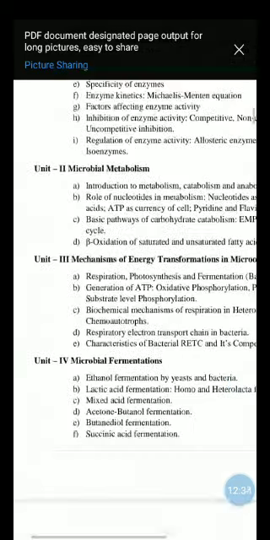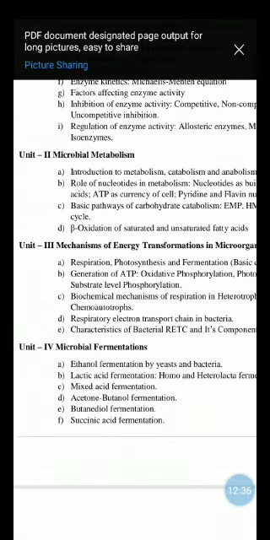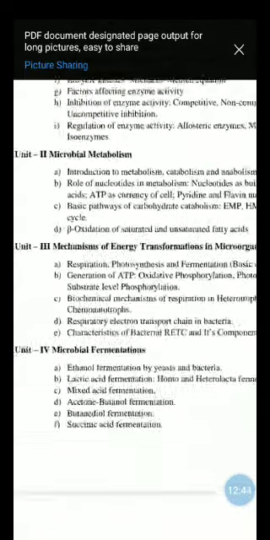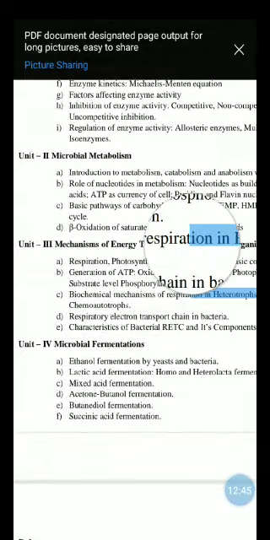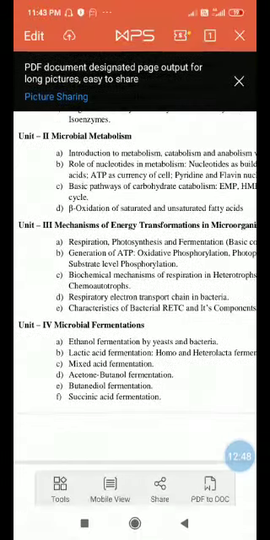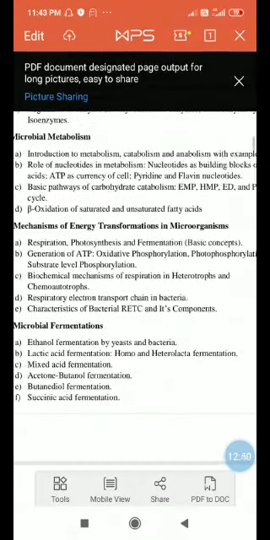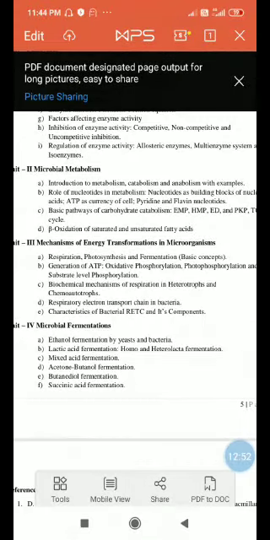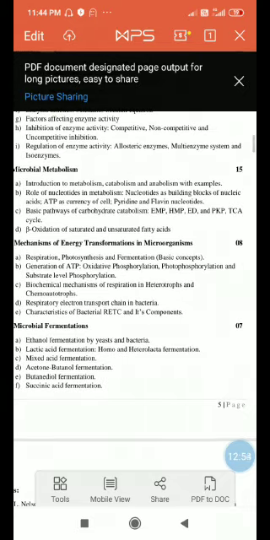Now see the second unit, microbial metabolism. Under microbial metabolism there are different points we will see. The first, introduction to metabolism, catabolism and anabolism with examples.